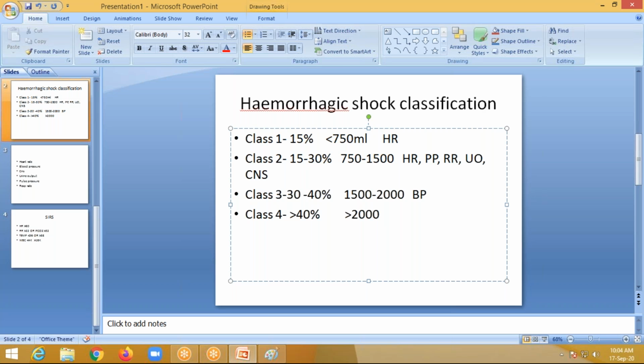Urine output may be nil. BP decreased, heart rate more than 140. These are the different changes in different classes. So that's why this classification is important. Even this classification questions will come in your super specialty exam also. This is a basic thing; you have to know this classification definitely.